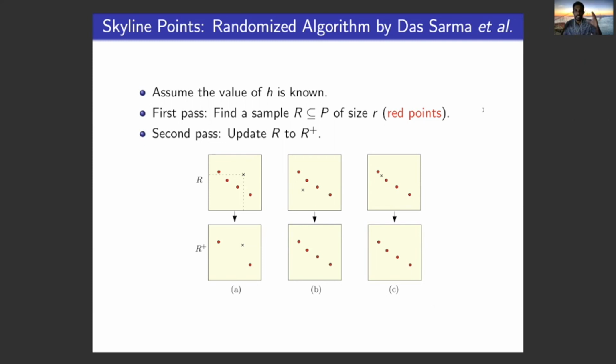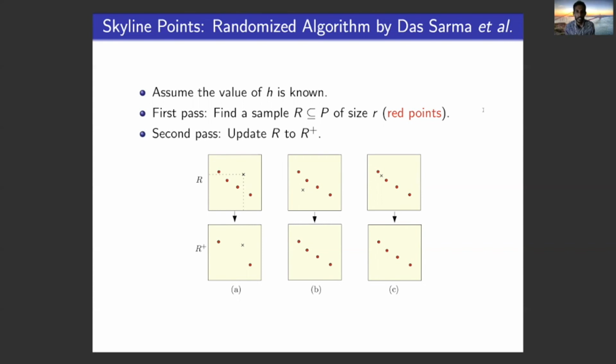And then we'll perform an iteration. An iteration is defined as having two passes. In the first pass, we'll compute a sample of the input points. So P is the set of input points given to us, and we'll compute a sample, capital R, of size r. The value of r will be revealed later.